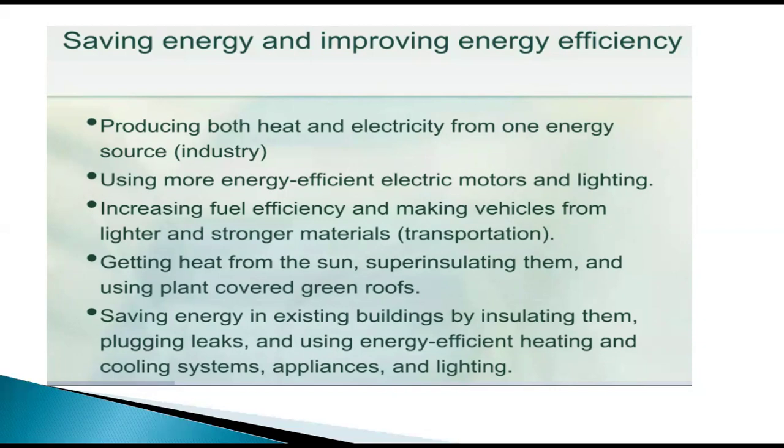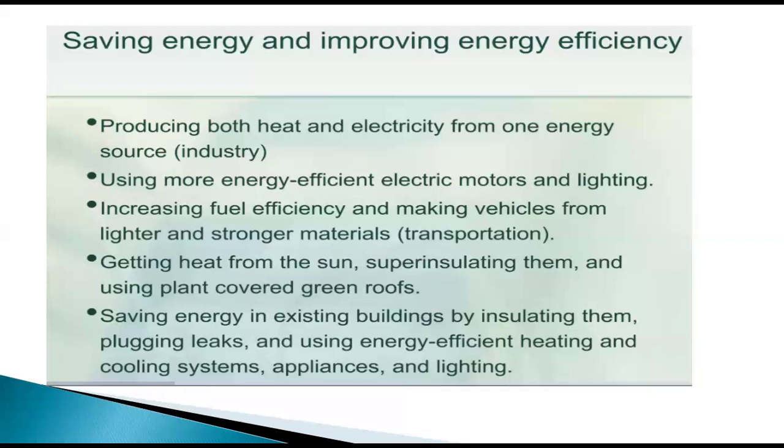That is one solution for saving energy and improving energy efficiency. How? From one energy source we can use it for multiple applications: one is electricity applications, and the next is heat applications. So we have to use it like this, for electricity and for heat application purposes.